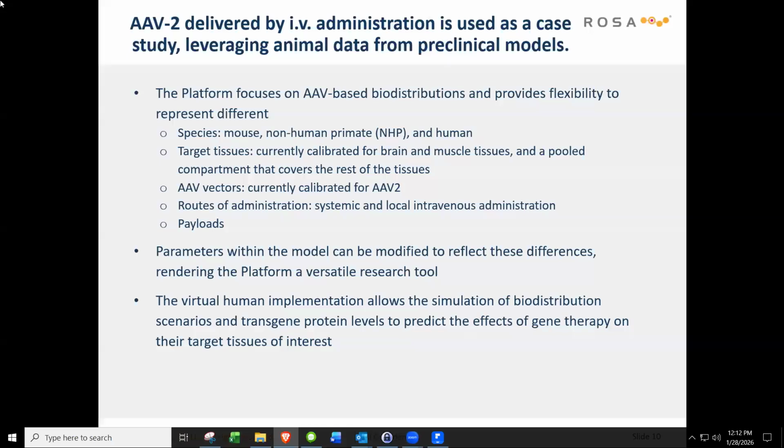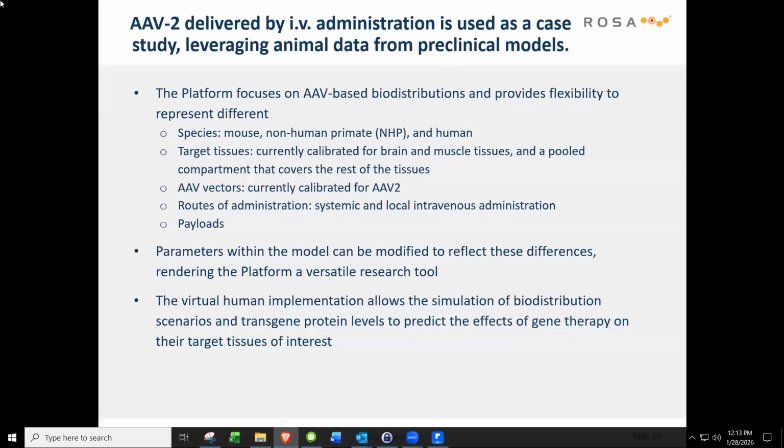Now, target tissues: we mostly use data from brain and muscle, not from eye, and we explain why. We also use data to calibrate the pool compartment, the one that covers the rest of the tissues. Now, AAV vectors, as I mentioned, it's the AAV2, the serotype we focus on.